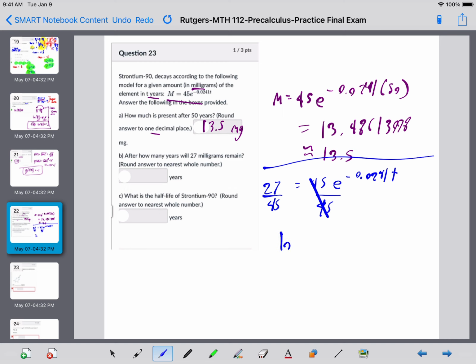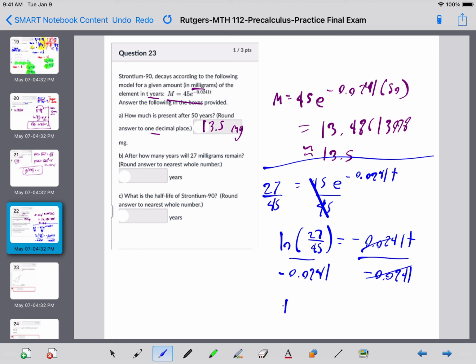Log base e, so it's ln, your natural log, of 27 over 45 equals the exponent. Divide by the negative 0.0241, and you'll get your answer. So ln of 27 divided by 45, divided by negative 0.0241.